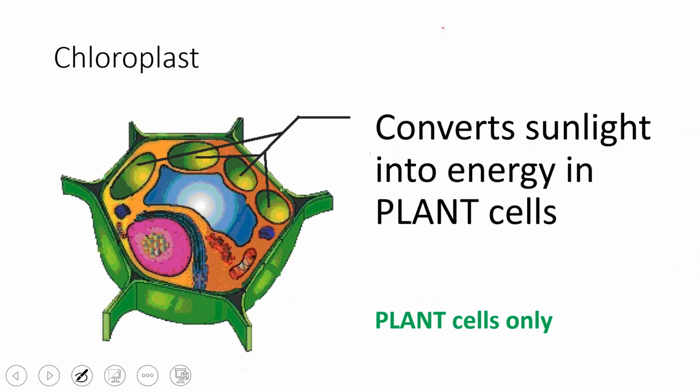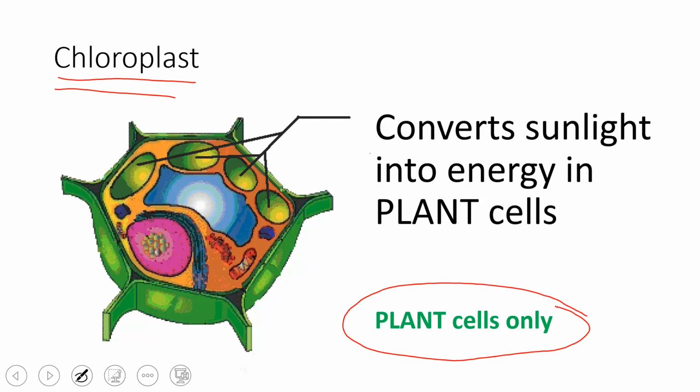Let's move on to chloroplast. Chloroplast is the next organelle, and chloroplast is also only found in plant cells. The job of chloroplast is to convert sunlight into energy. And we already know that the process of converting sunlight into energy is called photosynthesis. If you were already thinking that, you're right on.